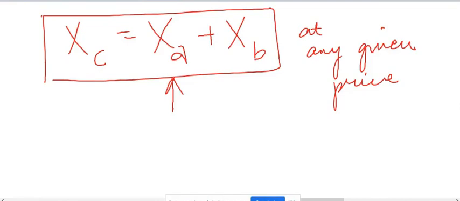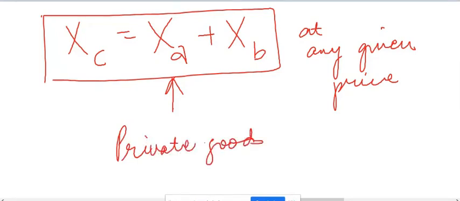For all the goods that we dealt with in microeconomics, we were saying that at a given price, the willingness of individuals was very different. Therefore, it was a private good. Each individual was consuming a different quantity depending on how much he is willing to buy at a given price.